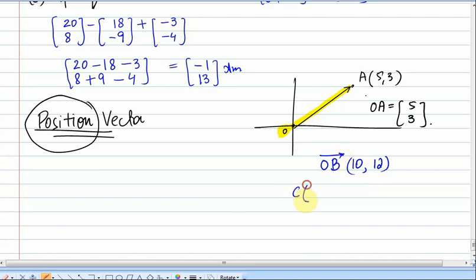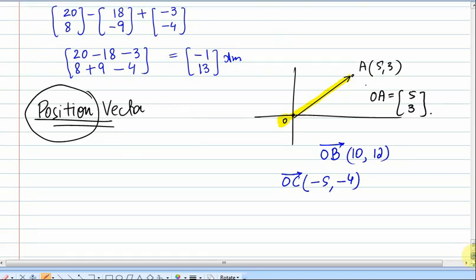If I place C at (-5, -4), C is a point on the graph, but if you need to find the vector, you will say that its position is from the origin and the vector is OC. So that is the concept of position vector. All the vectors are by default positioned from the origin. It gives a vector a certain position, or you can say the starting point of the vector.